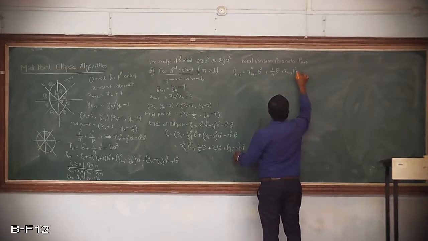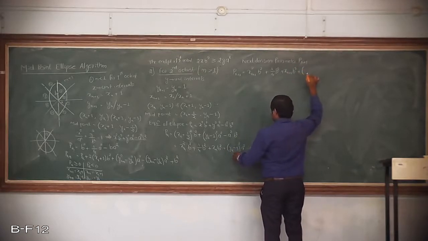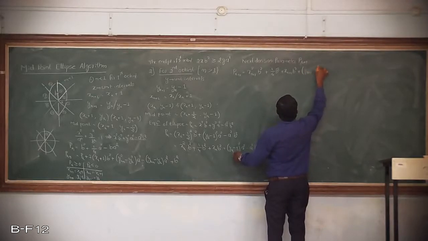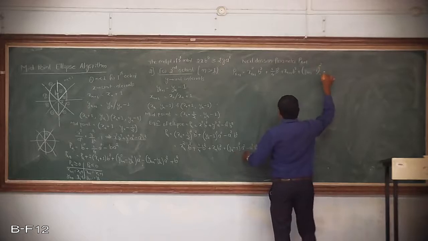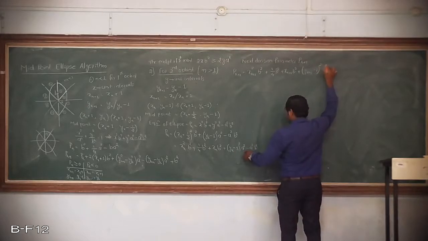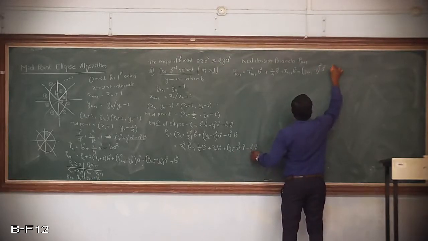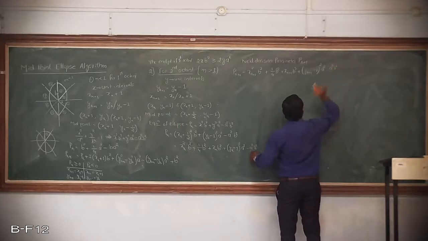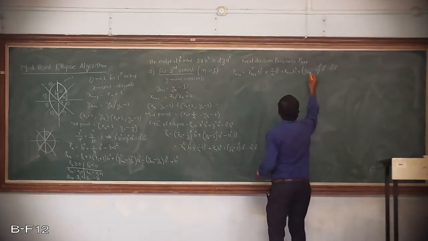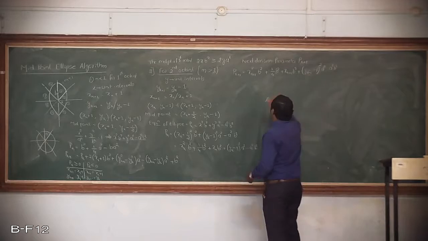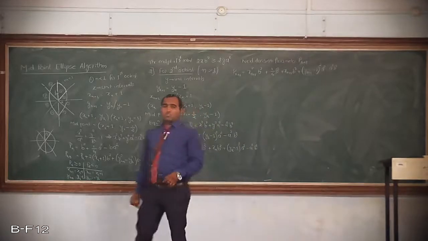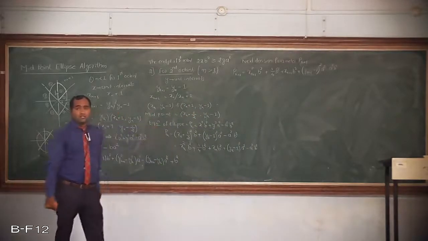Here I will write yk plus 1 minus 1 whole square a square minus a square b square. Here I have written the value of yk plus 1, which is nothing but the next y coordinate.